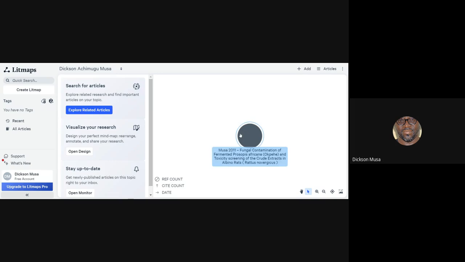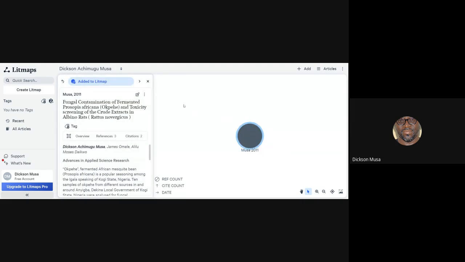I've picked one of my articles, Fungal Contamination of Fermented Propolis africana and Toxicity Screening of the Crude Extract in Albino Rats. Now, I want to write in this area. I want to find out all the papers that are related to this work. Maybe I've read this work before, and I'm writing in this area. So I need a literature map of all the papers in this field.